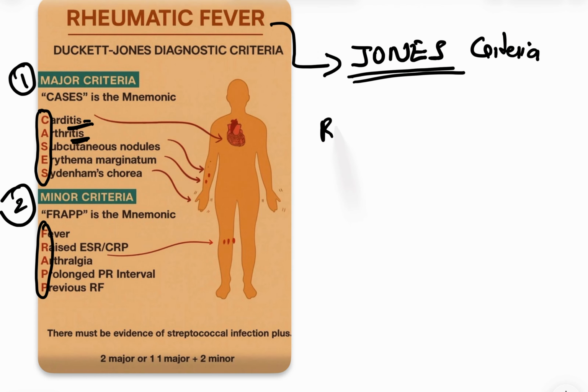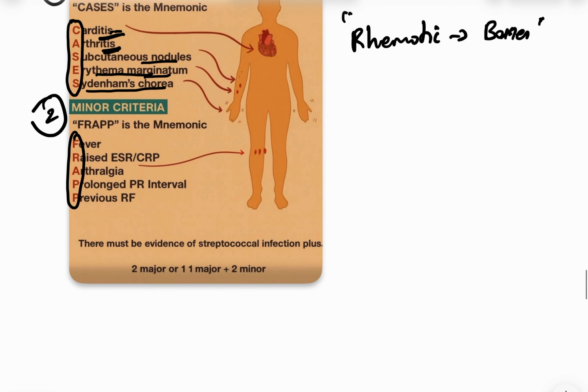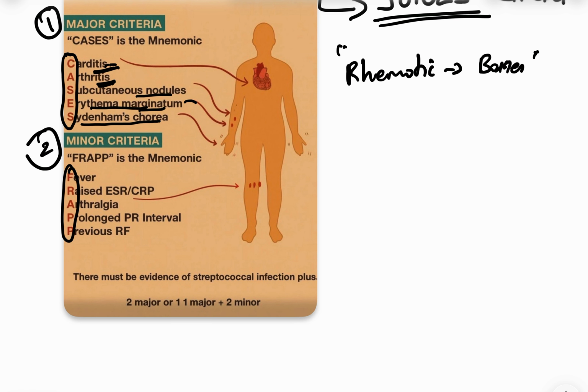Remember, rheumatic always goes with the bones or arthritis. Carditis, arthritis, subcutaneous nodules. The patient might have subcutaneous nodules. Erythema marginatum. Sydenham chorea. Don't worry, I will go to it.